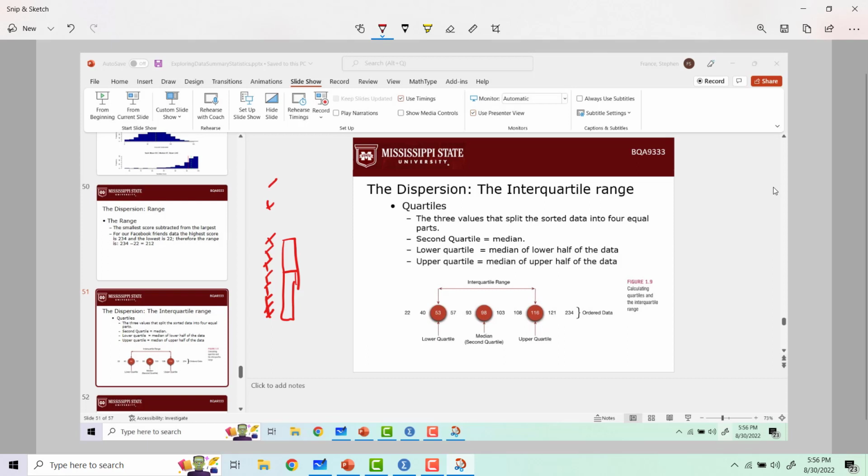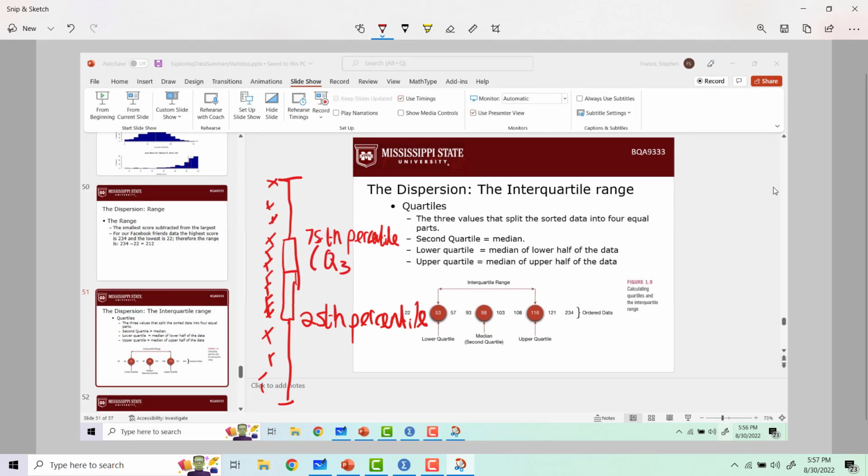We've got a few more out here. We have the 75th percentile. And the 25th percentile. And so we'll call that Q3, Q1, and the IQR, I think we talked about this when we did percentiles, is Q3 minus Q1.